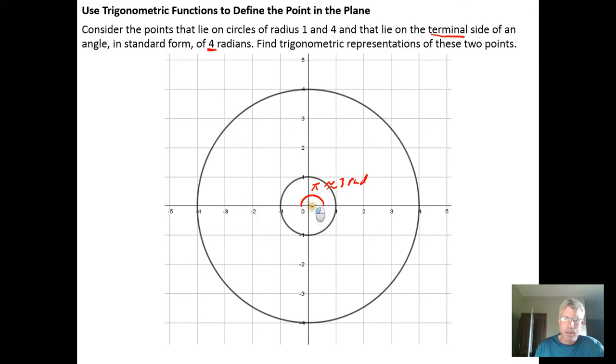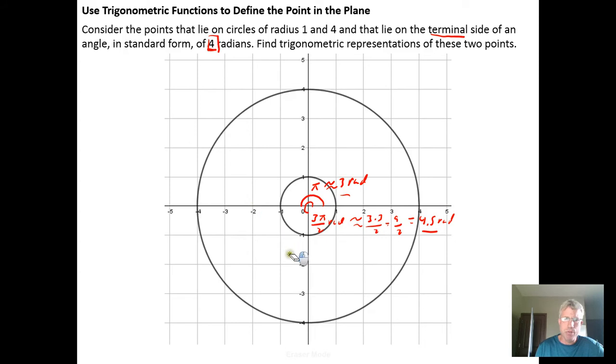And if we rotate an angle theta in standard form all the way to the negative y-axis, that is 3 pi over 2 radians, which is about, if pi is about 3, 3 times 3 over 2, sorry, which is 9 over 2, which is about 4.5 radians.